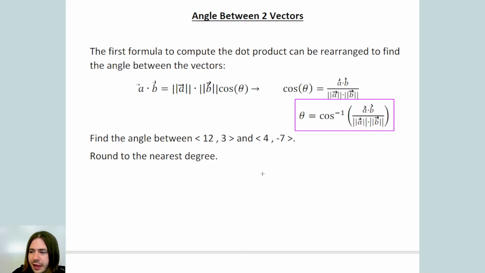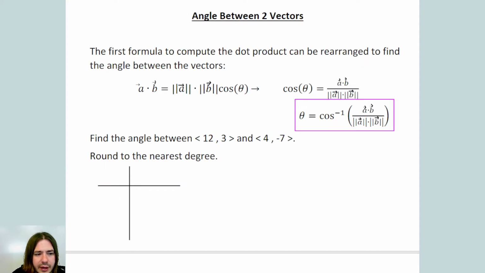So I think this might make more sense if we actually use an example. Let's see here. So we've got 12, 3, and 4, -7. So we're going to have to leave enough space for the -7. So just doing a rough sketch here just to get an idea of what we're dealing with.